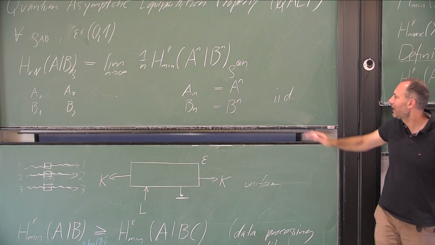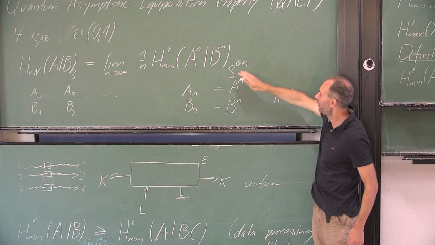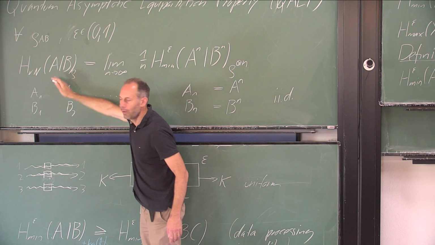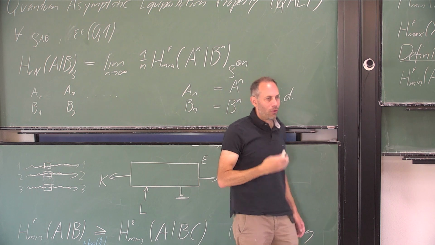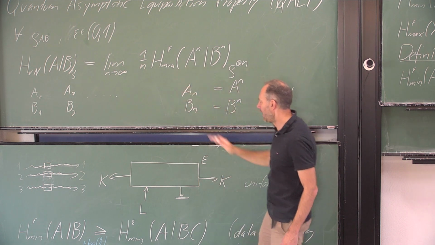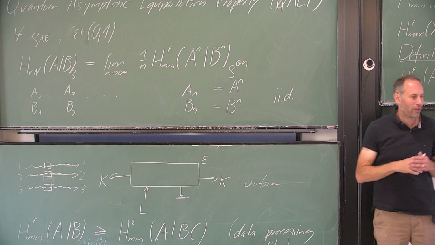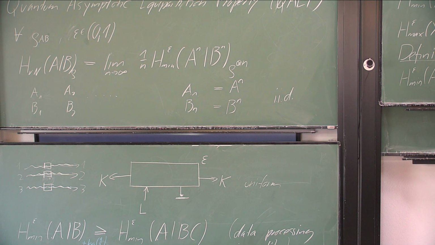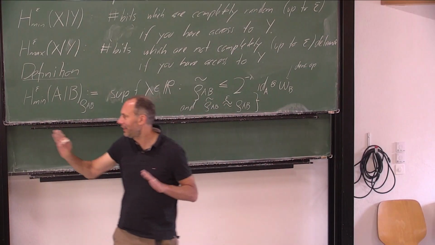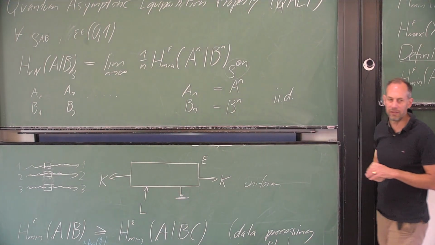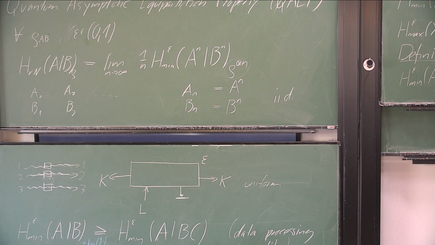It's exactly via this quantum asymptotic equipartition property that you relate the von Neumann entropy calculations that we did with Norbert to the mean entropy which will enter the security proof. So this is the reason why the von Neumann entropy calculations are still usable, together with another theorem that will tell you that we can work with these states. So that's just the overview.